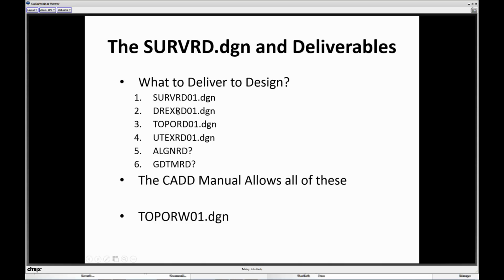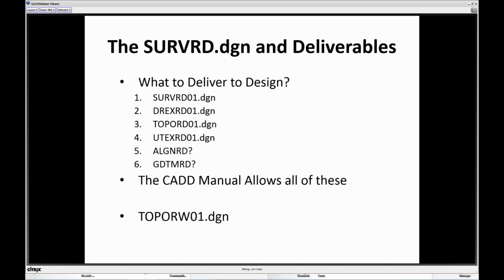We've got the designer, and also depending on the designer's comfort level with 3D modeling, they may decide they want a drainage file or a topo file or a utilities file in 2D. What about the alignment? The alignment's something they make now, so you probably don't want to make an alignment. The GDTMRD, the terrain model, is embedded in the SURVRD. So again, that one's probably not something you need to deliver.